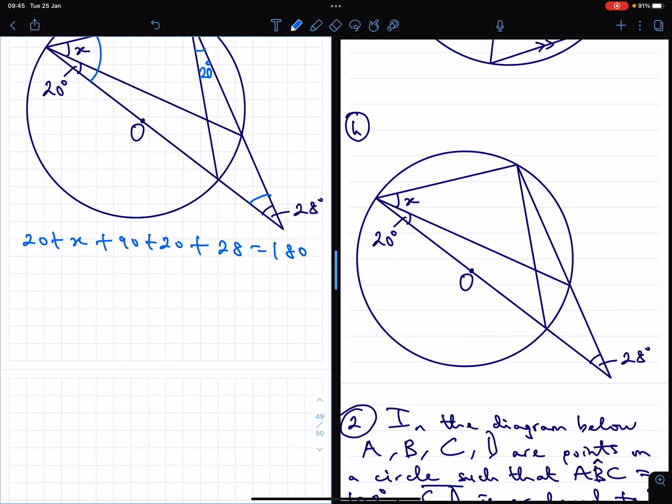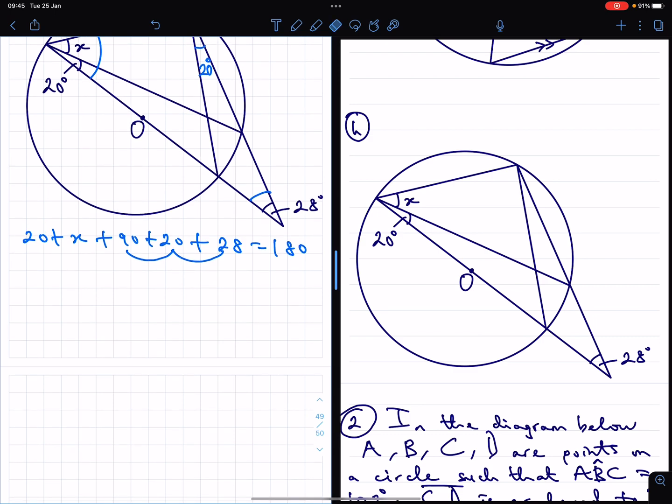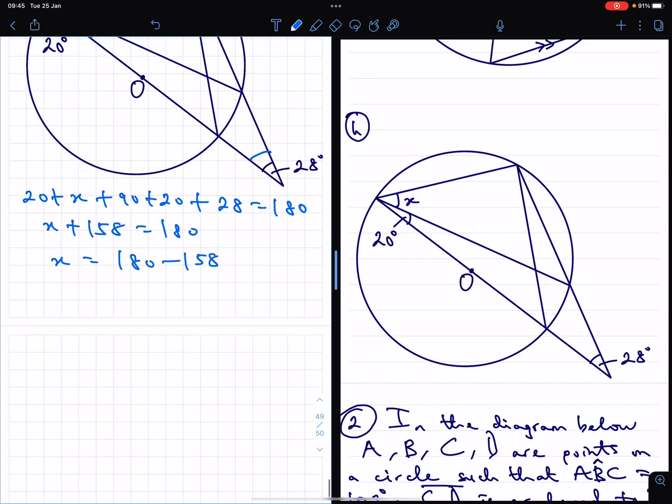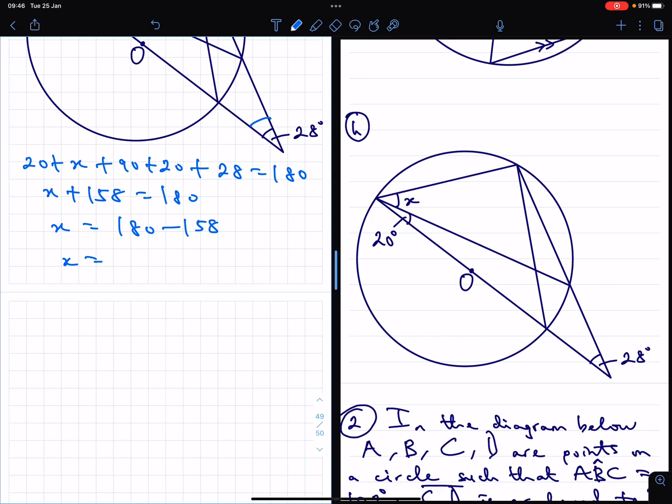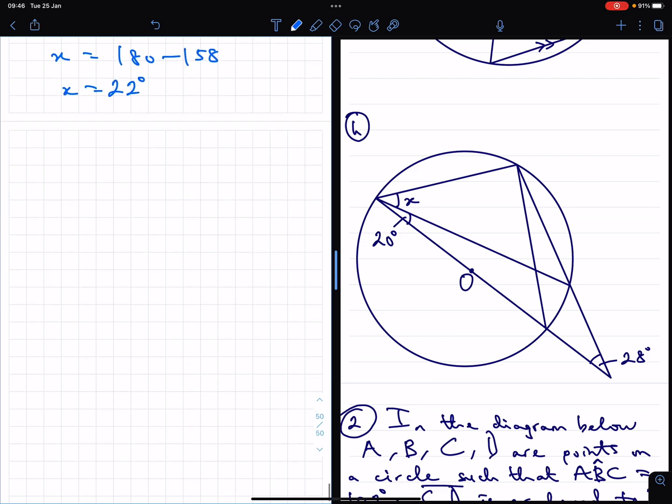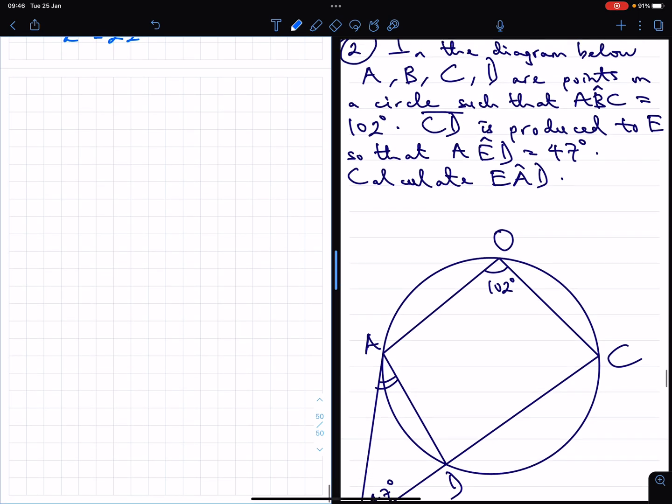So 90 plus 20 is 110, plus 28 is 138, plus 20, that's 158. So X plus 158 equals 180, and X equals 180 minus 158, which means X equals 22 degrees. And that's it, very, very simply.